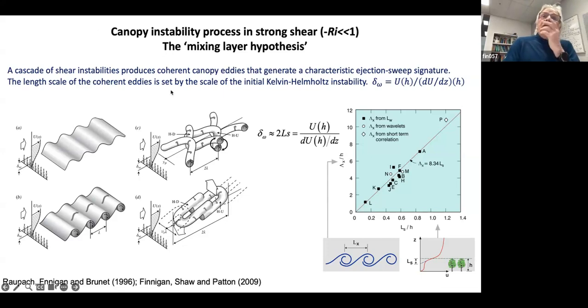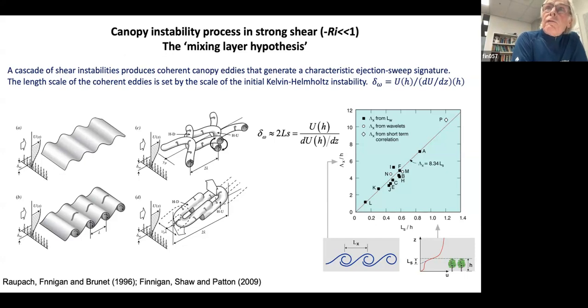And the insight was that the velocity profile at the top of a plant canopy inevitably has an inflection point, this kind of S shape. And an inflected velocity profile is hydrodynamically unstable. As you know, if you have a boundary layer profile and it's inviscid, then it never becomes turbulent.